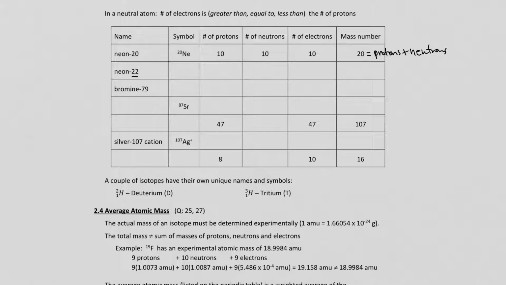We're told that it's neon 22, so we can write neon 22. It still has 10 protons because if it didn't have 10 protons, it wouldn't be neon. But instead of 10 neutrons, it has 22 minus 10, or 12 neutrons. Now since, and actually I'm going to rewrite this really quick.